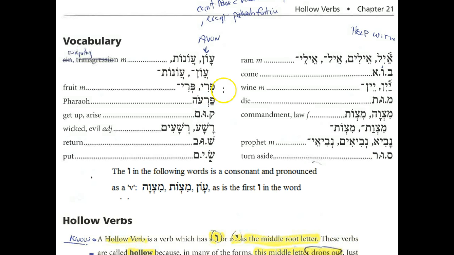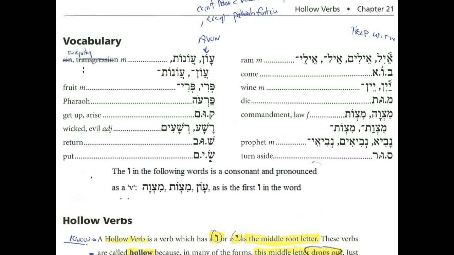First of all, I want to start with the word avon and its plural form avonot. As you can see, the textbook glosses this word as sin or transgression. I would encourage you to cross those two terms out and write the word iniquity, comma, punishment, comma, guilt.